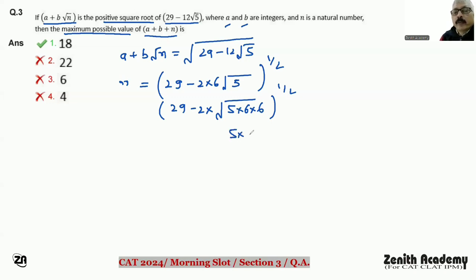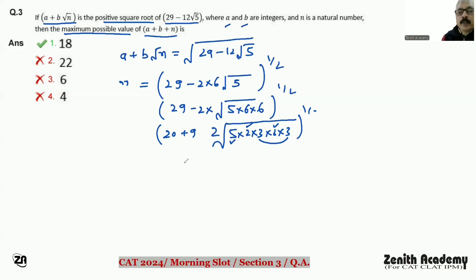Okay, 5 into 2 into 3, 2 into 3. So this is 2 into 2, 4, 4 into 5, 20, and 3 into 3 is 9, right? 20 plus 9, 29. So now everything is simple. You can take it 20 plus 9. So basically it is the square of root 20 and the square of 3.